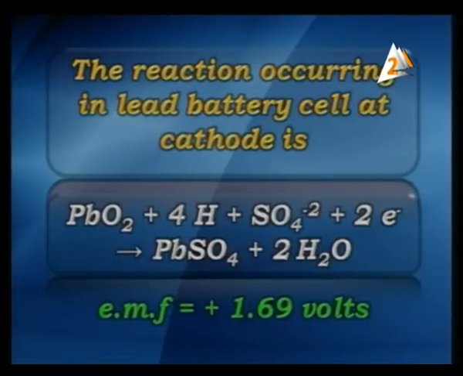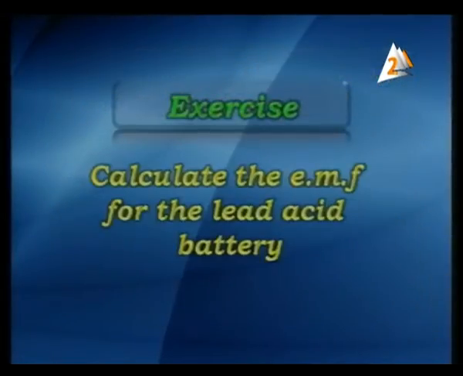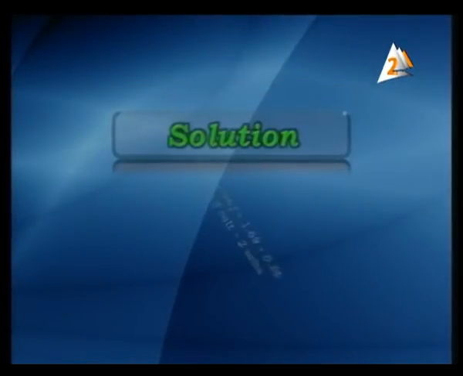So this is what this is about, this reaction and the EMF of this half. The two halves depend on EMF, which changes from one to another with a different number. Now, EMF is very important. My dear, look at this exercise. Calculate the EMF for the lead acid battery. What does the lead acid battery produce? How many volts does it produce?